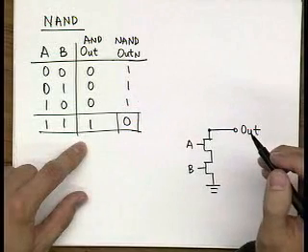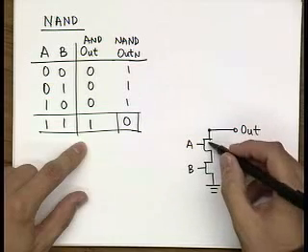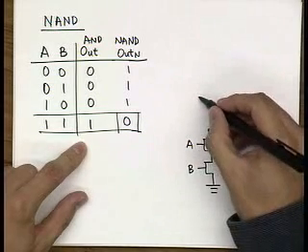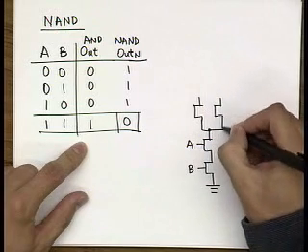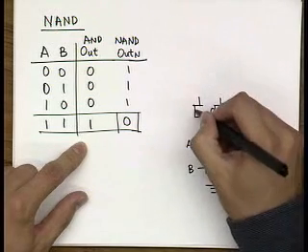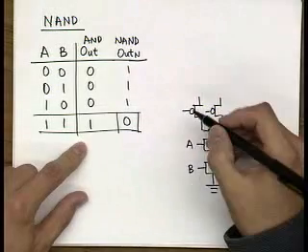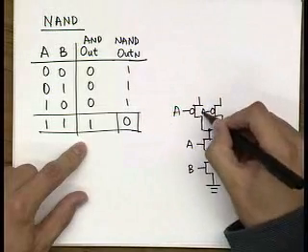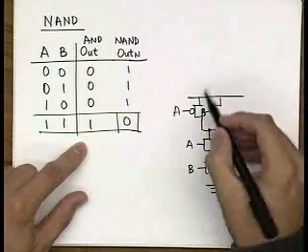From the De Morgan theorem, we know that the NAND function is implemented as a parallel combination, which is basically an OR with inverted inputs. So you have A and B that are active low in this case.